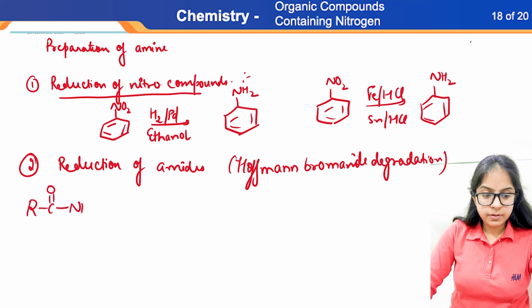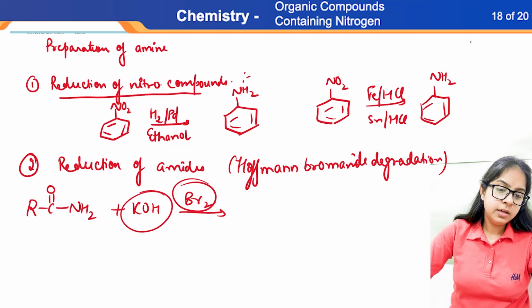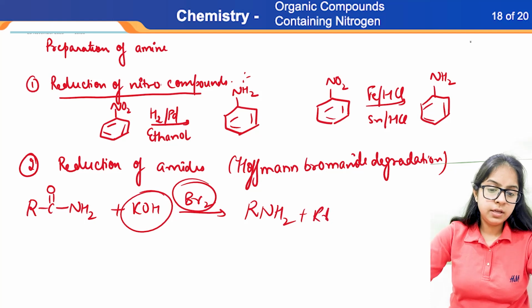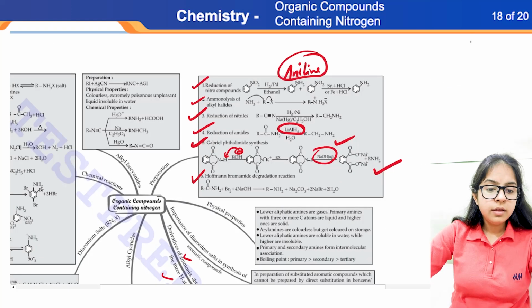You need to remember that in the presence of KOH and Br2, means alkaline nature, the Br2 should be there. You will get RNH2, KBr, Na2CO3. These will be the products. KBr or NaBr you can say. Now remember that 4 moles of NaOH are there.